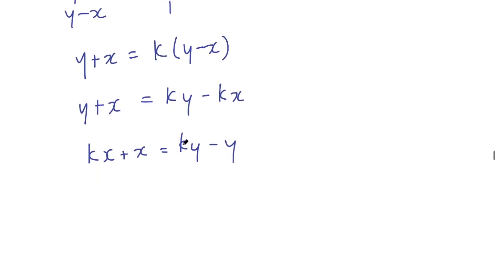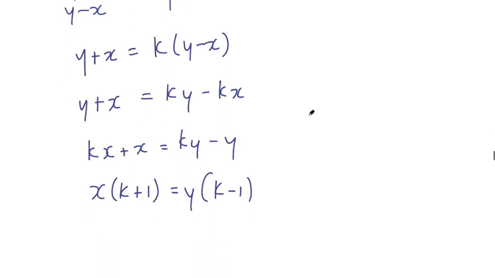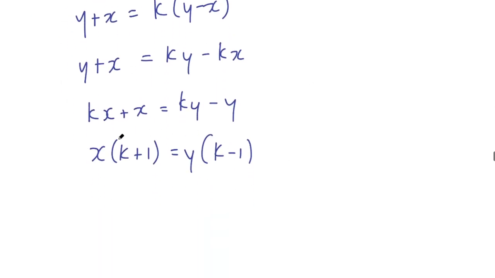And you can see now if I factorize both sides, I can take x out of here, and I can take y out of here. I'm very close now to my finished product, and all I need to do is divide this side by k minus 1. I'll also flip this equation around, so I'll end up with y on this side, and I've divided this side by k minus 1.